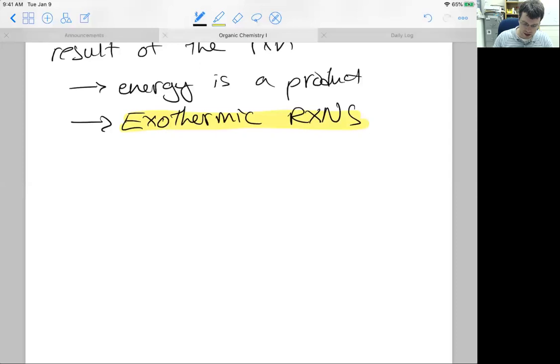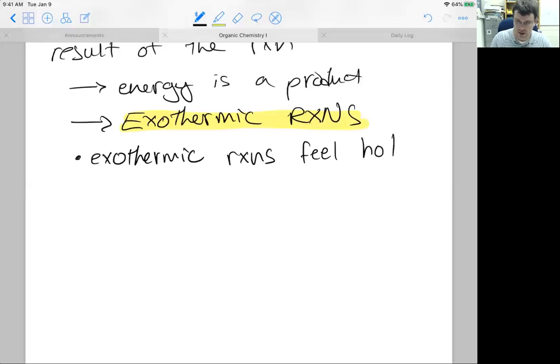In an exothermic reaction, you start to feel a hot sensation if you touch the container that's containing an exothermic reaction. So exothermic reactions feel hot. As we're putting our hand on a beaker that an exothermic reaction is happening in, the energy that was potential energy in the starting materials is being released as the chemical reaction is proceeding, and it's being released to hit the walls of the glass that transfer that kinetic energy out to our skin.